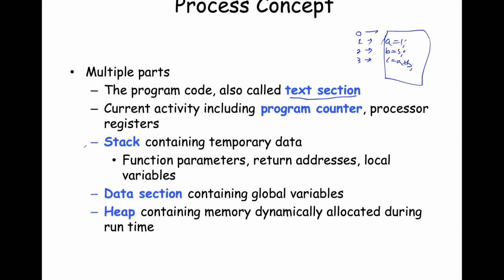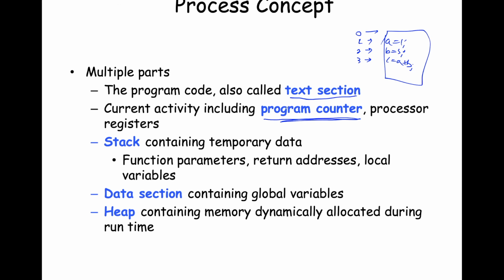And that where to load it from is described by the so-called program counter. It's a register in the CPU, the PC or program counter, and it identifies the address or location from which the next instruction will be loaded.